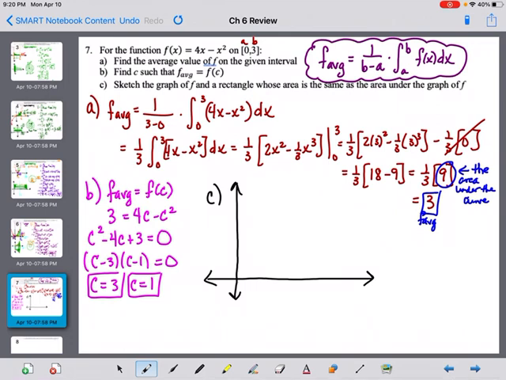All right, so when I graph the 4x minus x squared, again, this is going to be a parabola that opens down. It's got some transformations. All right, so my interval here is from x equals 0 to x equals 3.